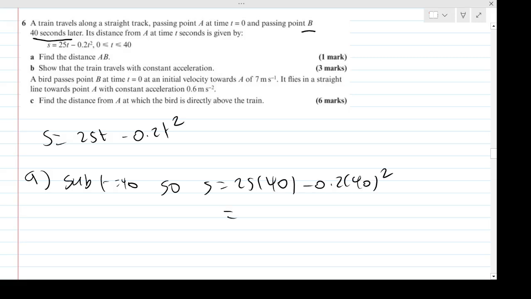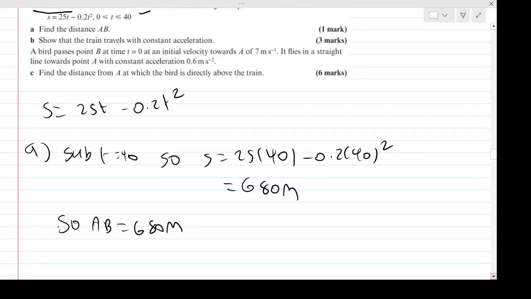And so that will get me 680 meters. Okay, and so there we are. So if our starting point is A, then the displacement here to B is just the length from A to B, right? So there we are. So AB is 680 meters.